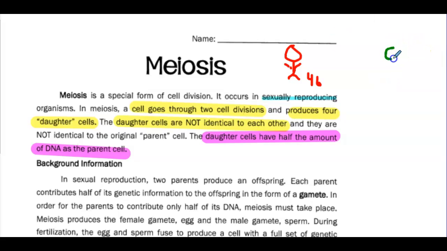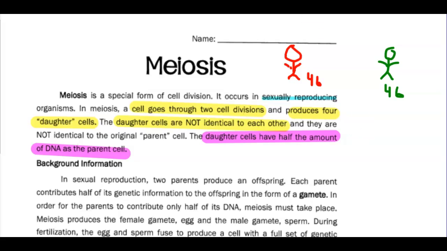And you meet another happy human that you decide you want to start a family with, and this happy human also has 46 chromosomes. Well, if we took an egg and a sperm from these two and put them together, that baby would have 46 plus 46. That would be 92 chromosomes, and that's not a human anymore.